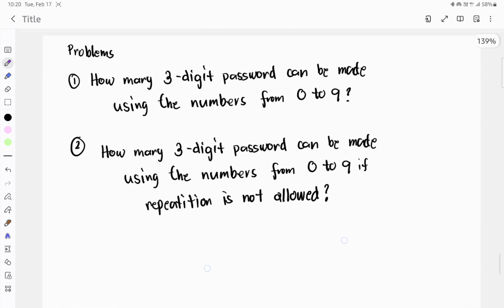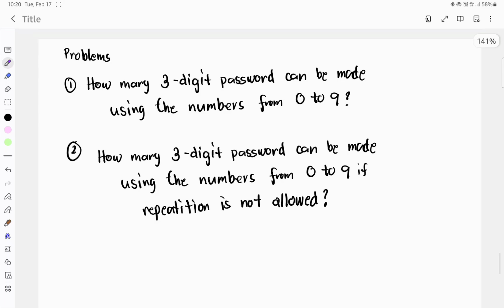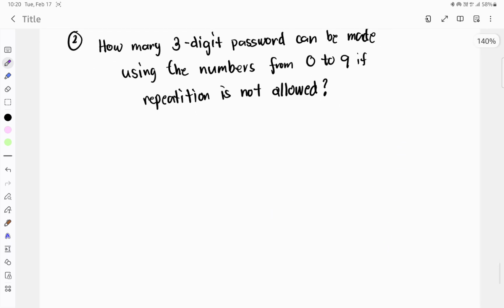Let's look at this problem that's somewhat related. How many 3-digit passwords can be made using the numbers from 0 to 9? You need to work out the 3 digits. So you have a first digit, a second digit, and a third digit.